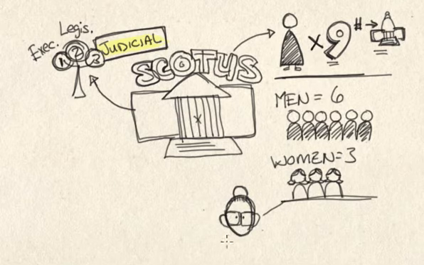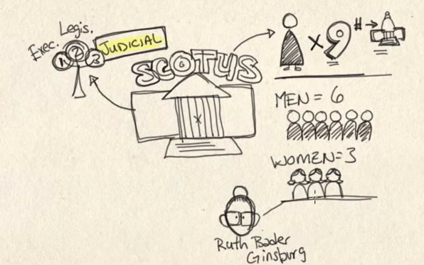But that helps us to at least know that we could give her name, Ruth Bader Ginsburg. Okay, so we could do that for each of the women. We could do that for Sonia Sotomayor and Elena Kagan. As of the making of this video, those are the 3 women sitting on the bench.